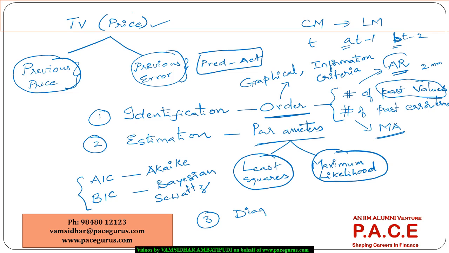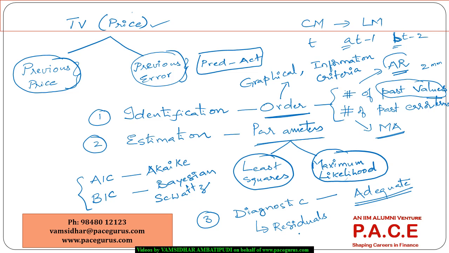So we are very much checking the model that we have created in step 1 and step 2. I have to really check whether it is adequate, whether it is sufficient to do the forecasting. So basically what we look out for here are the residuals.